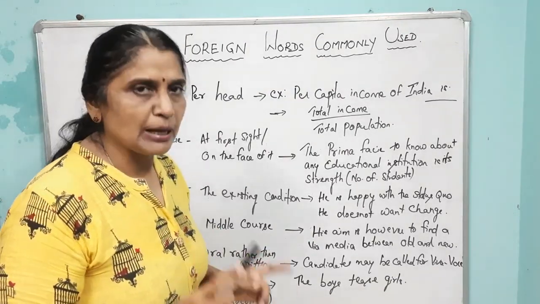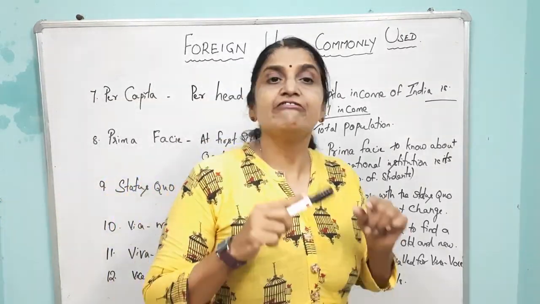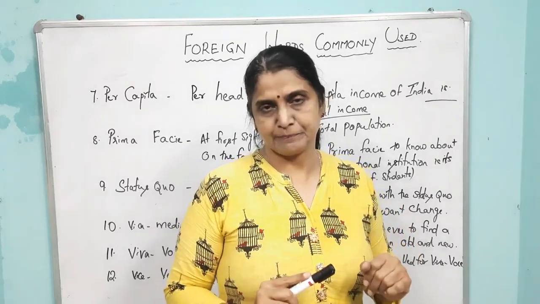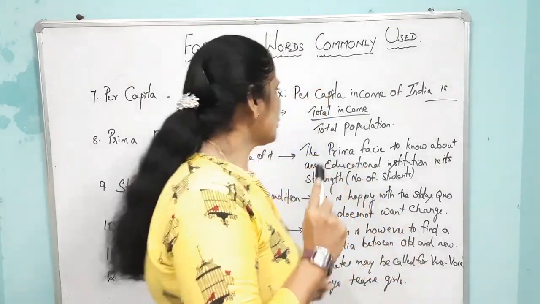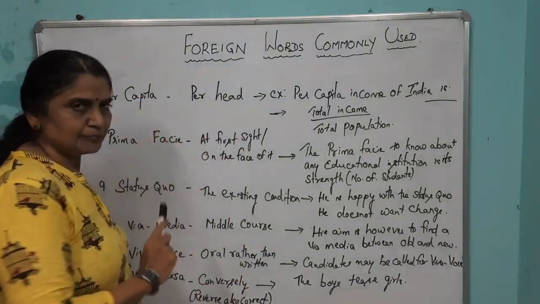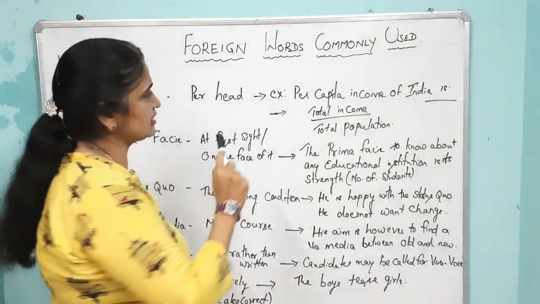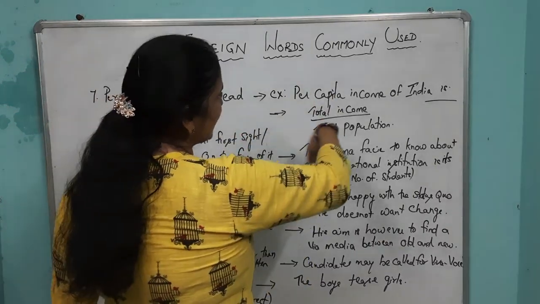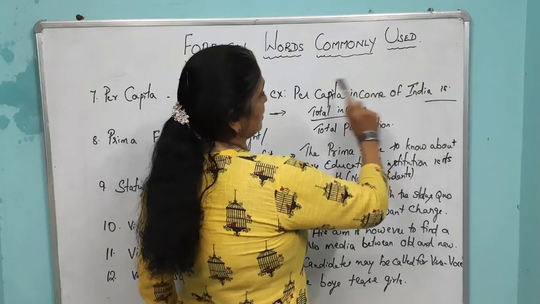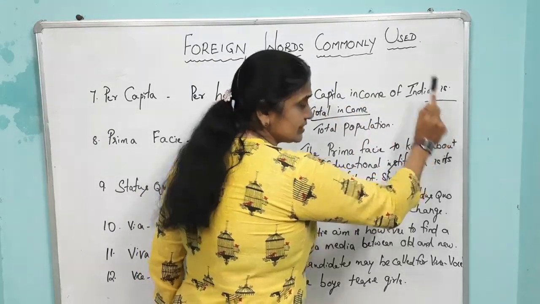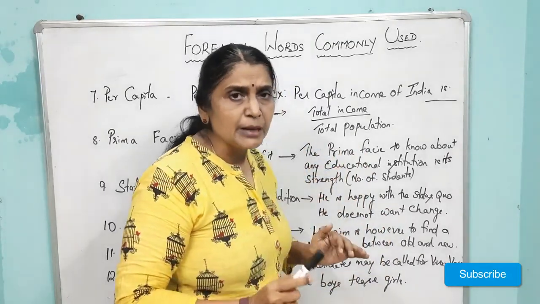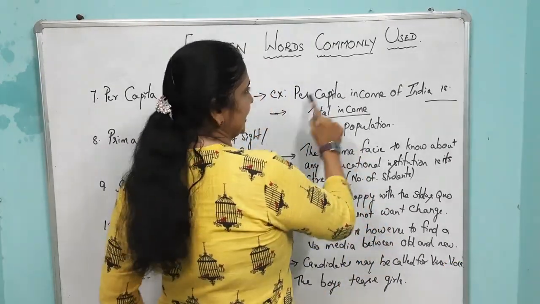Okay, the next word we are going to learn is per capita. What is the meaning of per capita? Usually we find this word appearing in economics. The meaning is per head, for each person. That's the meaning, per head. Where we use it in economics is, for example, the per capita income of India is so much, per person, the income per year, per head.